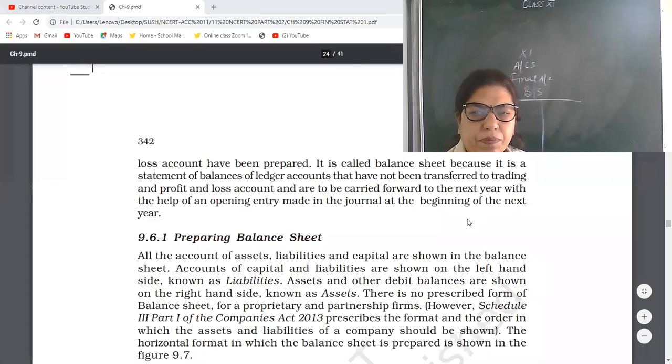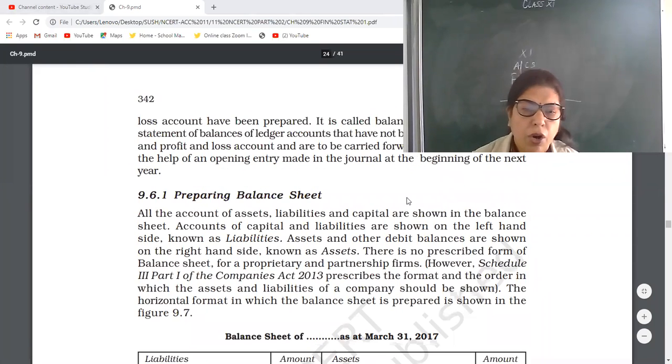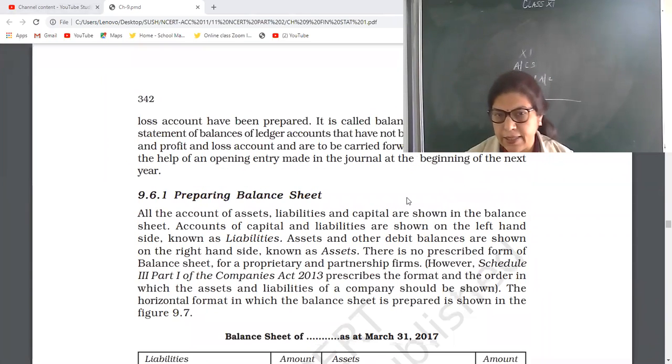So, see, preparing balance sheet. All the accounts of assets, liabilities and capital are shown in the balance sheet. Capital and liabilities are shown on the left side, which are known as liabilities. As I told you, capital is an internal liability and external liabilities are non-current liabilities as well as current liabilities.